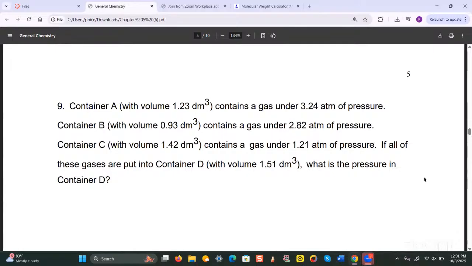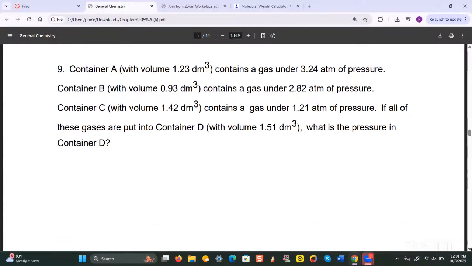Okay, now number 9 is a very interesting question. It talks about the fact that you have 4 containers. According to this question, container A has a volume of 1.23 decimeters cube, and the pressure of the gas in that container is 3.24 atmospheres.